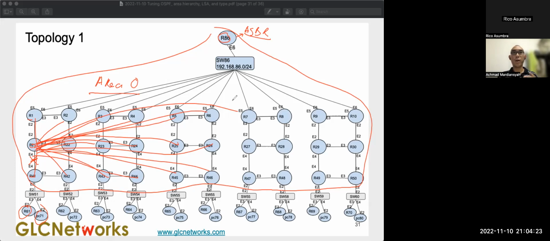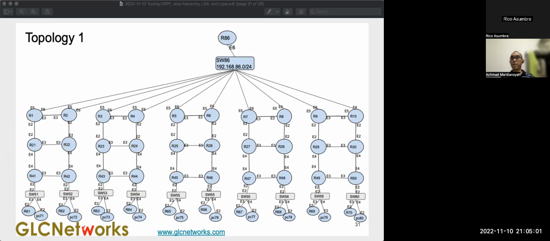If one interface is created and the interface has an IP address, it means that the link is up. If the link is up, we need to update the topology, because there is a change in topology, even though it's just one link. So I have to send to every router in my area. So if you have a PPPoE here, for example, connected to this one, that's how it works. At least you need to understand how it works at a high level.